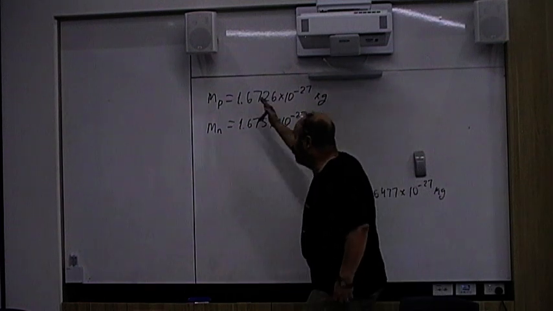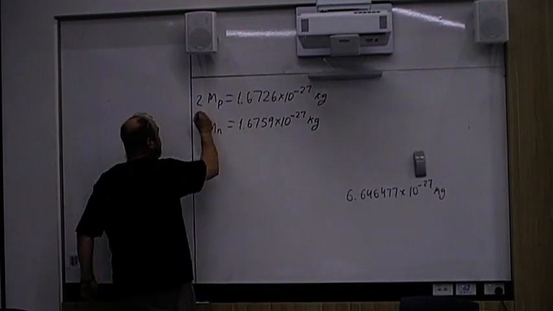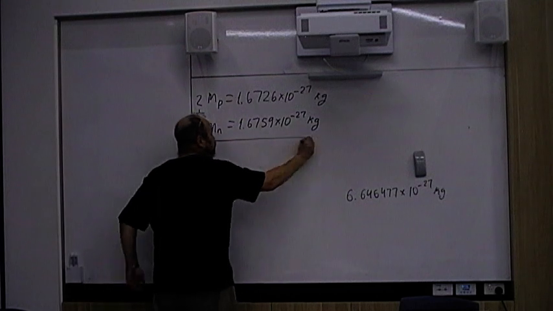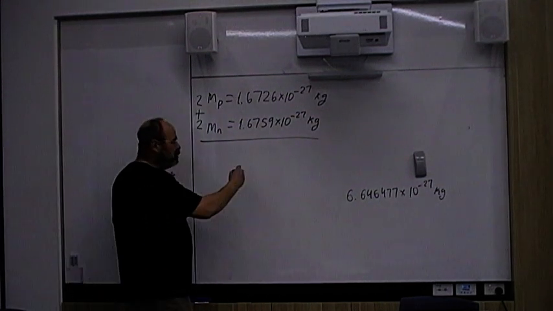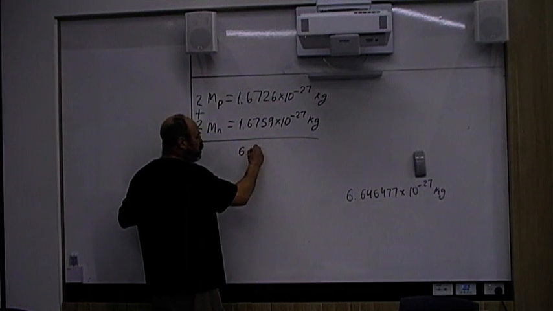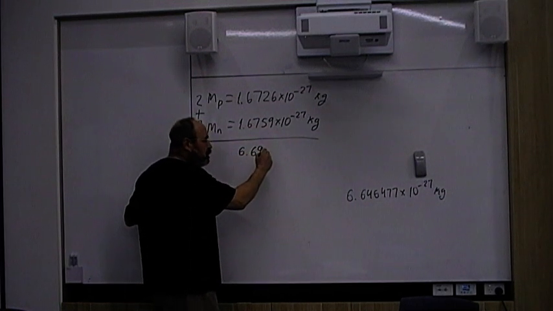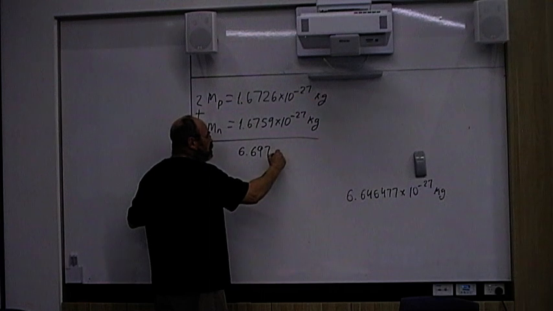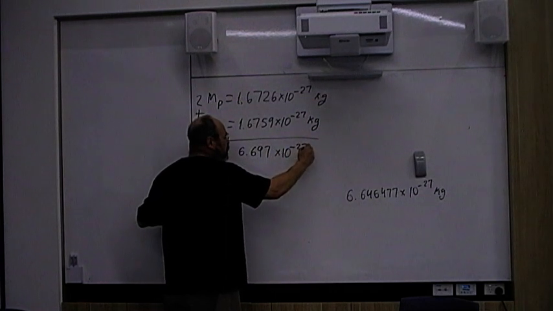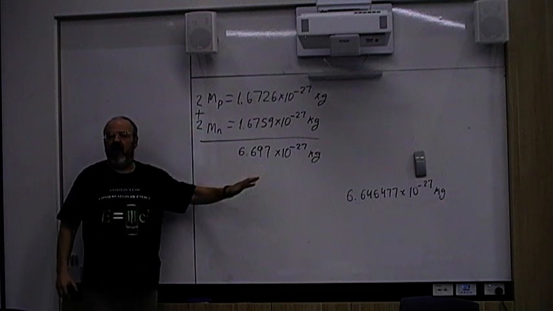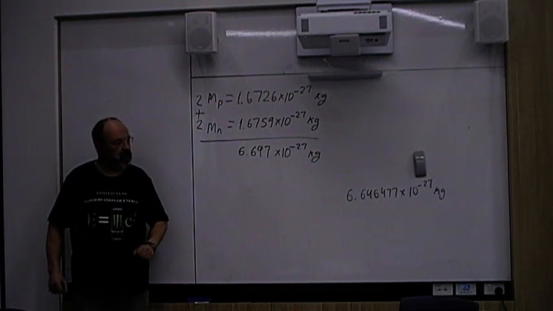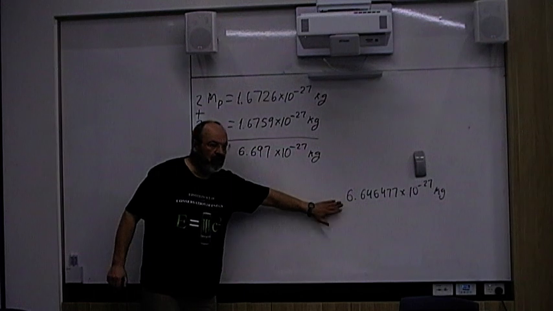If you add 2 protons and 2 neutrons, what do you get? 6.697 times 10 to the negative 27 kilograms. And this is the mass if you take 2 protons and 2 neutrons. And this is the mass of the helium.